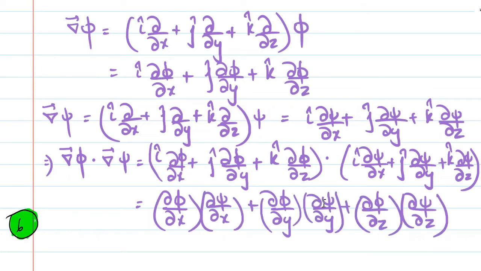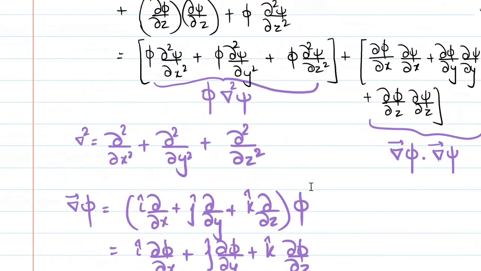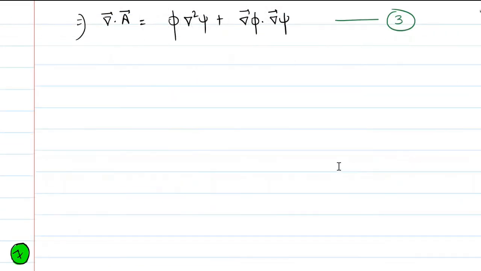Thus, this is the expression that we have obtained if we take the dot product of del phi with del psi. And this is just similar to what we have here. So that means this whole expression is phi del square psi plus del phi dot del psi. Here we have del dot A, which is phi del square psi plus del phi dot del psi.